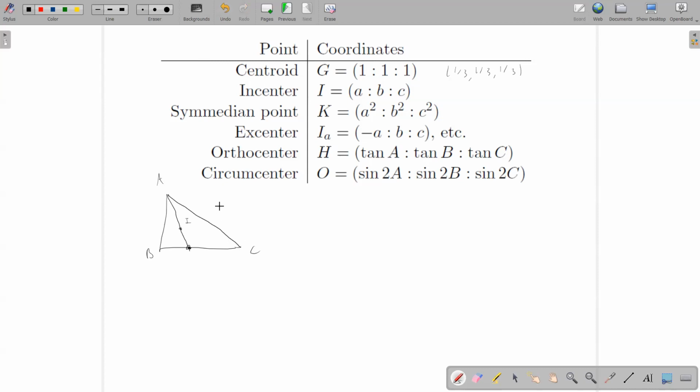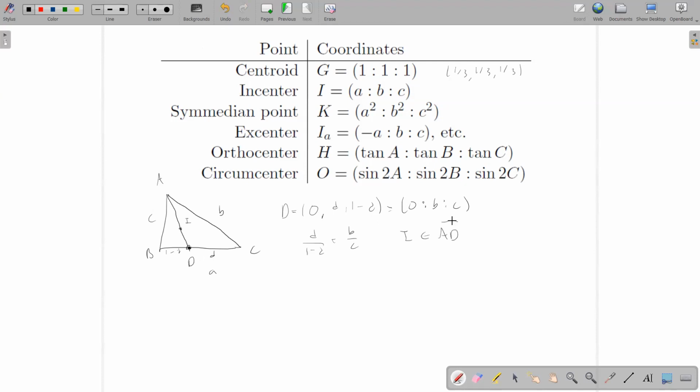This is A, this is B, this is C. Suppose this intersects at D. We know that the A-coordinate is 0. Let's call this D, so this is 1 minus D: 0, D, 1 minus D. By the angle bisector theorem, D over 1 minus D equals b over c. So this is 0, b, c.